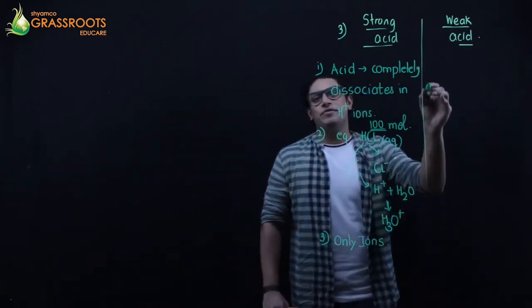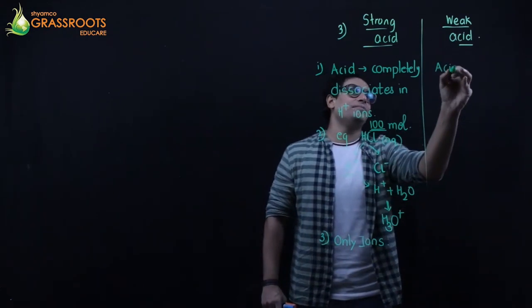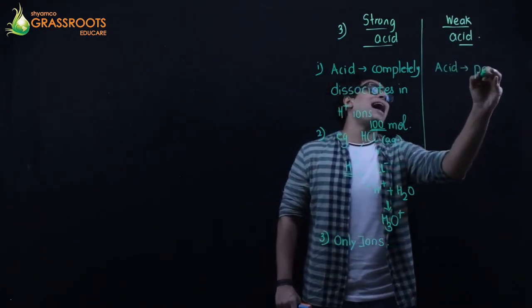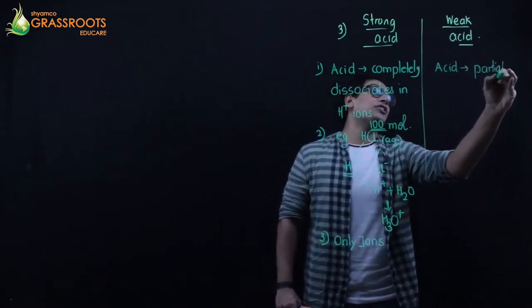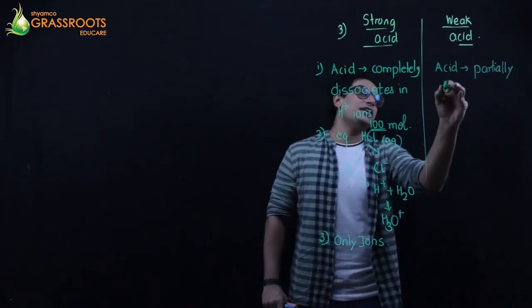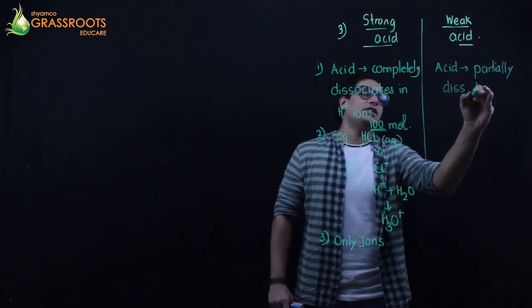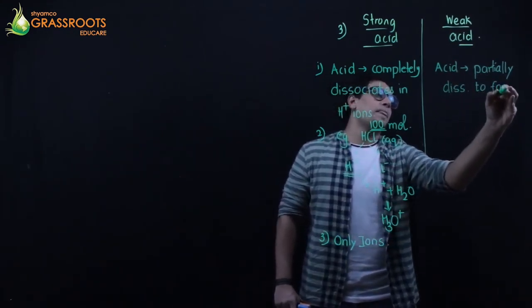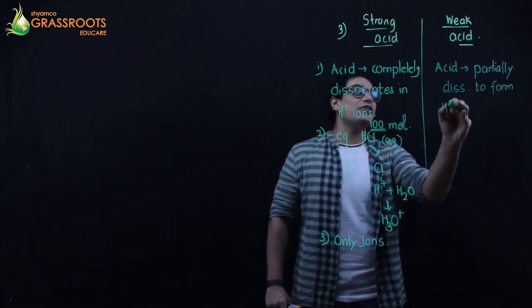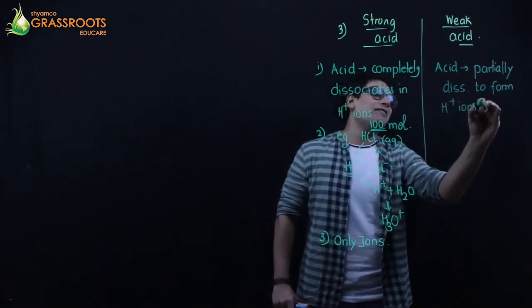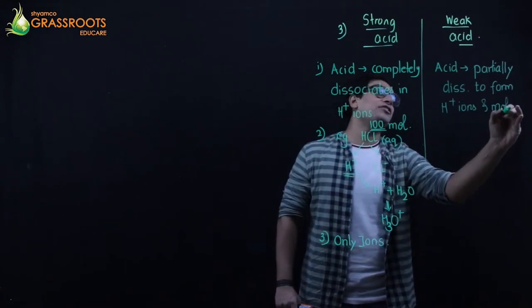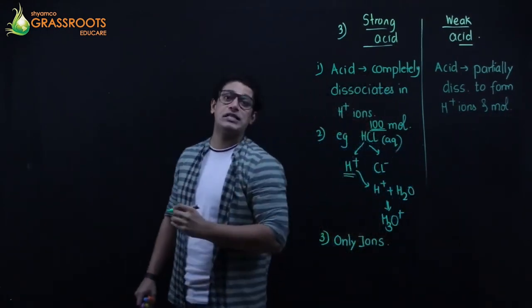Okay, if I am talking about a weak acid, it is an acid which partially, not complete but partially dissociates to form H plus ions and molecules which are undissociated.